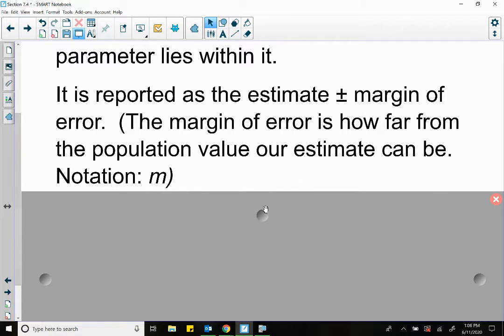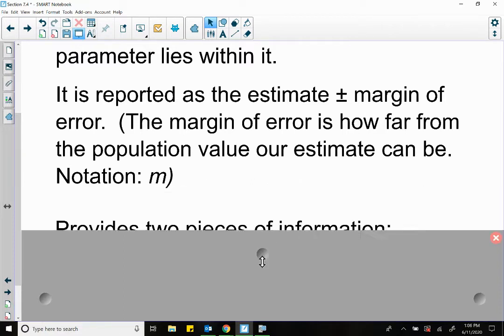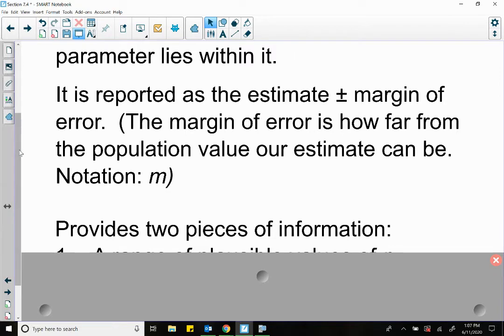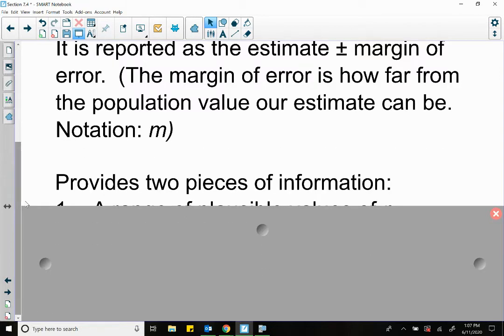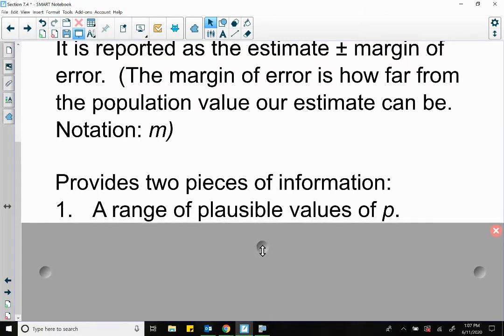All right. Just a couple other pieces of information that you should know. When you deal with a confidence interval, it tells us two pieces of information. One, it provides us, as I've been saying, a range for possible values of the population parameter.